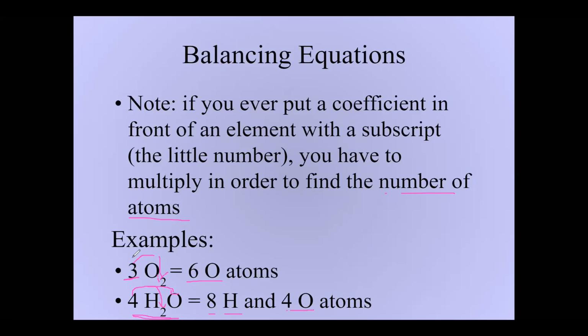So whenever you have a coefficient on a compound with some subscripts, you multiply. All right. So that's pretty much all we're going to be doing in terms of math when it comes to balancing these equations, is either adding coefficients or multiplying by the subscript. You should never be subtracting or doing any sort of division as you're going through.